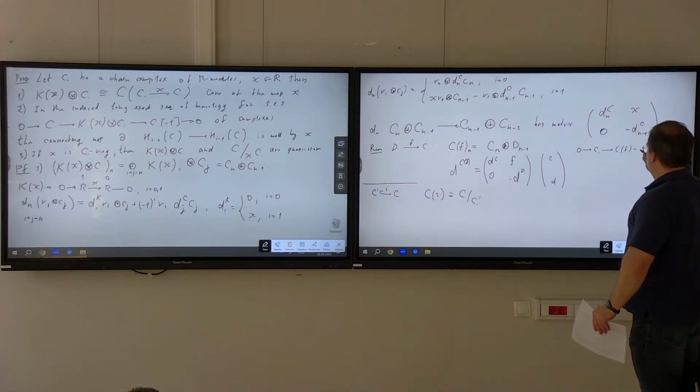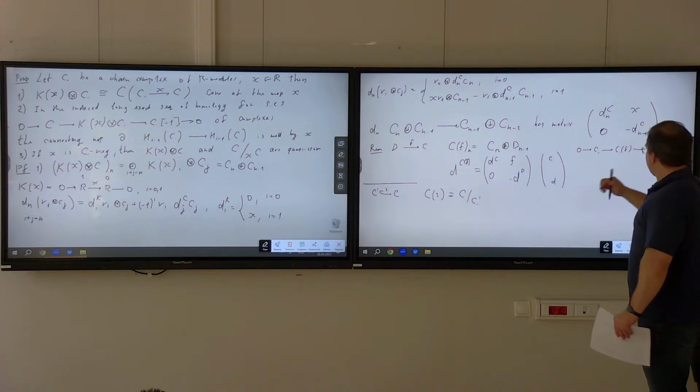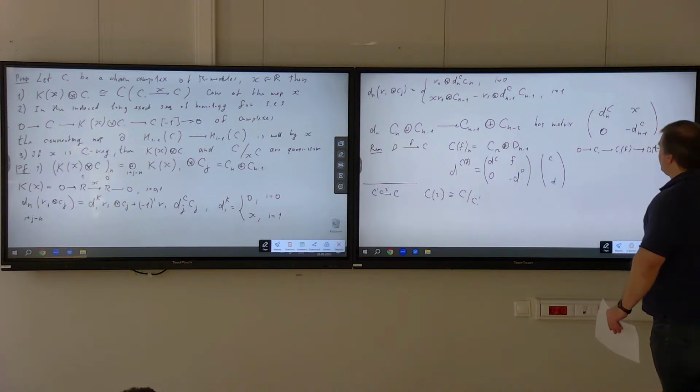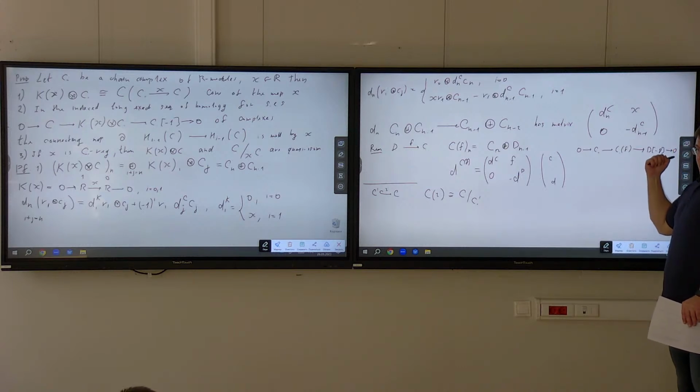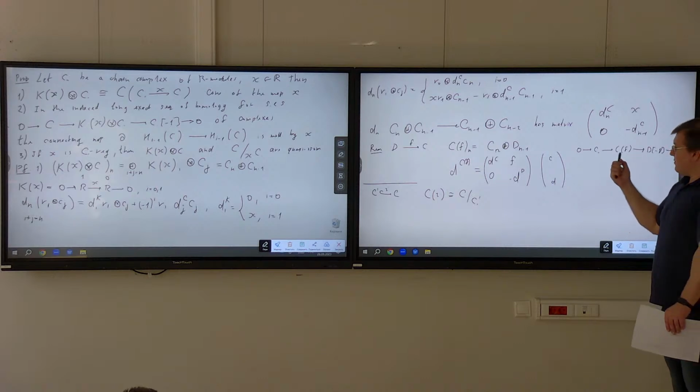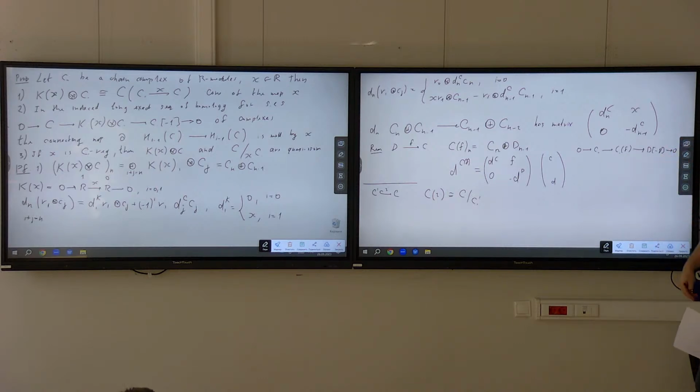And then you can always project onto the second direct summand, D, but you need to shift this by -1, because this is D_{n-1}. So without differentials, this is clear. And you can check immediately, just by computing with matrices, if you look at the commutative squares, that everything commutes.